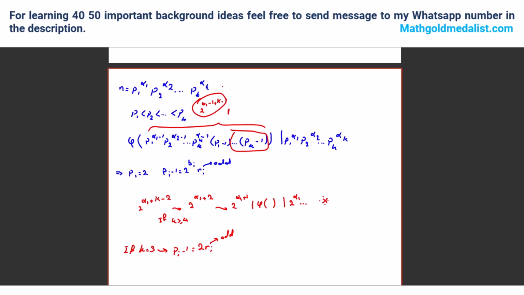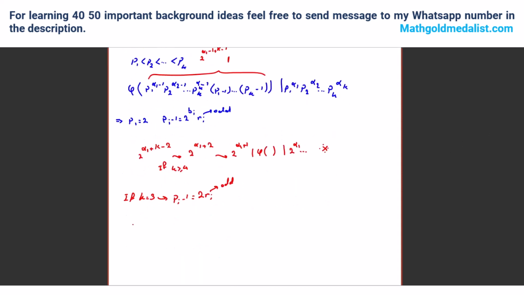This power of 2 divides them. Let's consider k equals 3. It will be phi of 2 to the alpha 1 minus 1, p2 alpha 2 minus 1, p3 alpha 3 minus 1, p2 minus 1, p3 minus 1, right? Divides 2 to the alpha 1, p2 alpha 2, p3 alpha 3.